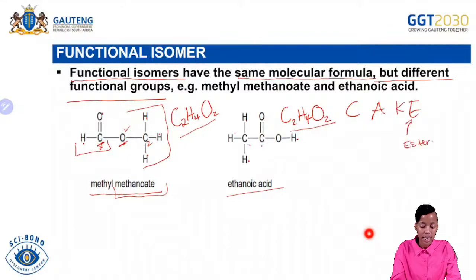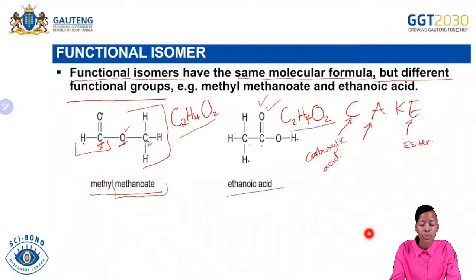If you are asked for a functional isomer and you are given an ester, then you will know that you need to write a carboxylic acid. And vice versa, if you are given a carboxylic acid, then in terms of the structure, you will have to draw an ester.